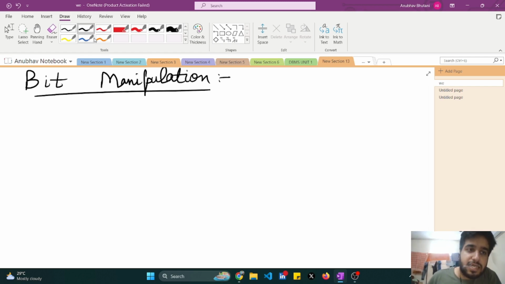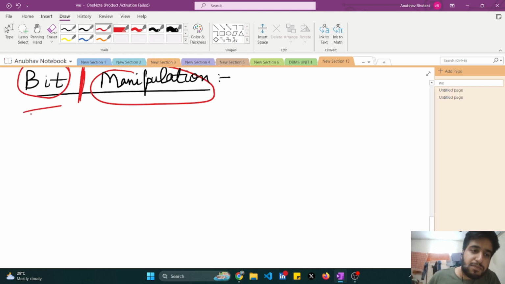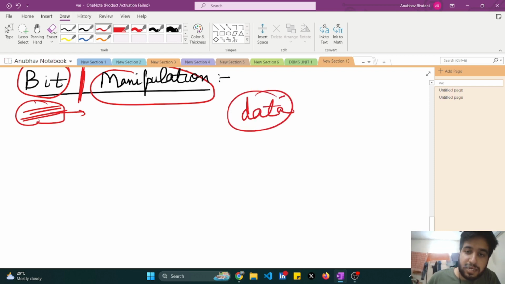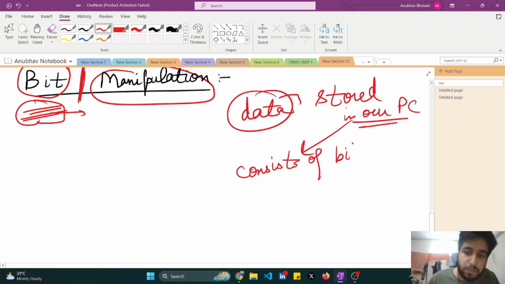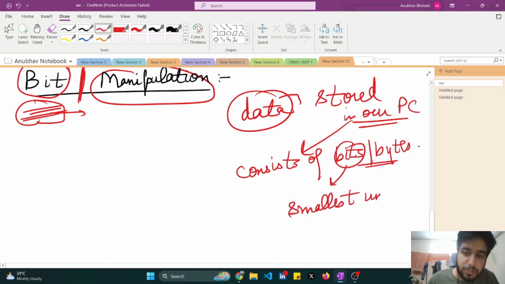If you break it down into two words, one is bit and one is manipulation. But what are bits? As we know, every piece of data stored in our PC consists of bits or bytes. A bit is the smallest unit of data.